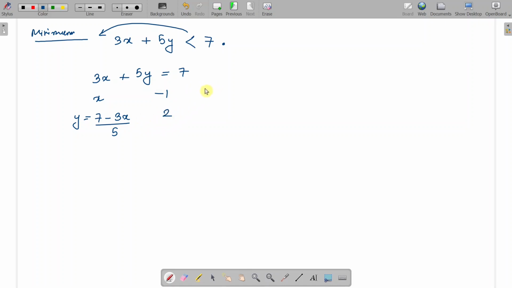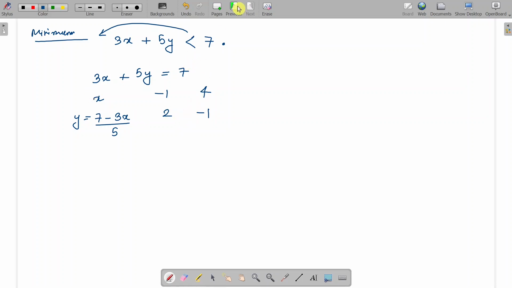And then if we take x equal to 4, so what do we get? 7 minus 12, which is minus 5, so y is minus 1. These 2 points we got.